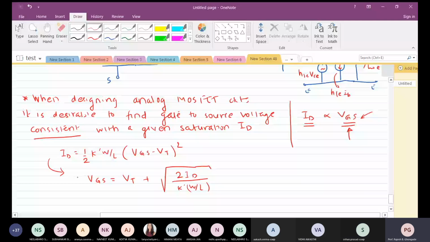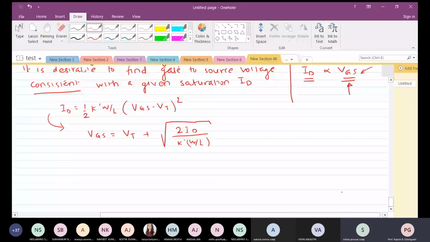Now look at this very carefully. VGS is equal to VT plus this. So this is what I want to determine. Or in fact, this, what was the VGS minus VT? What did we call VGS minus VT?